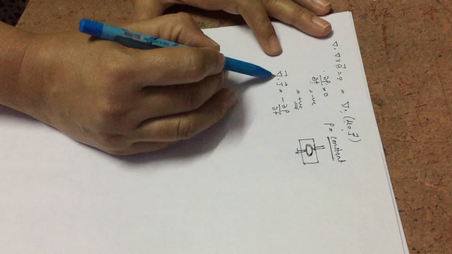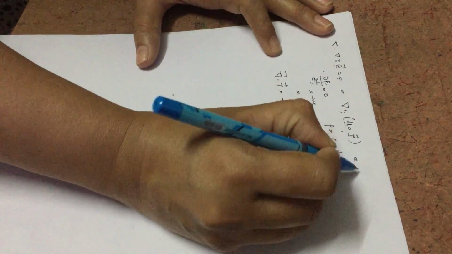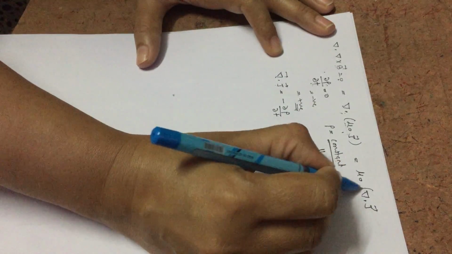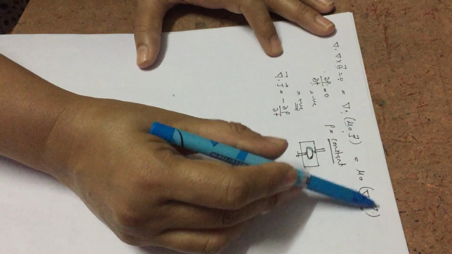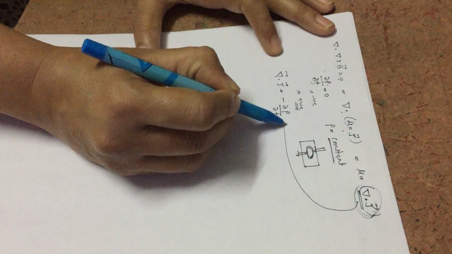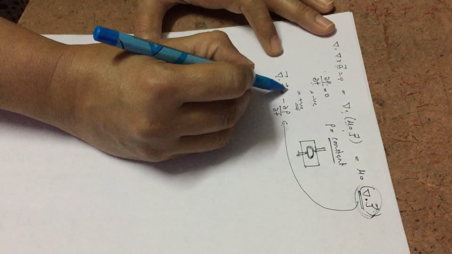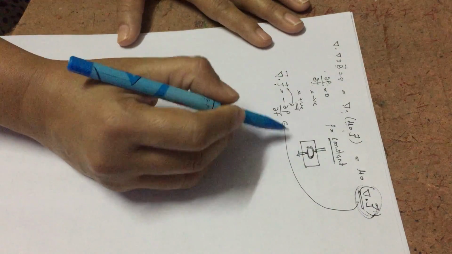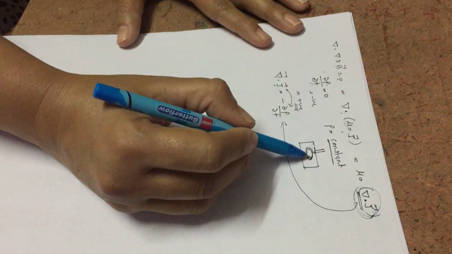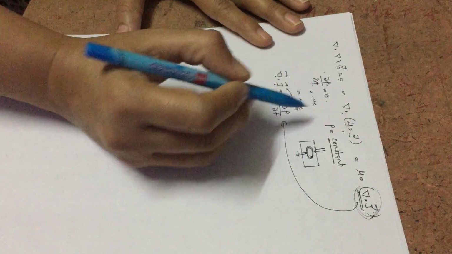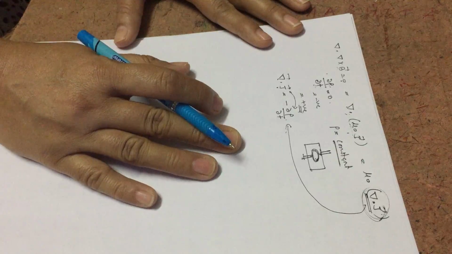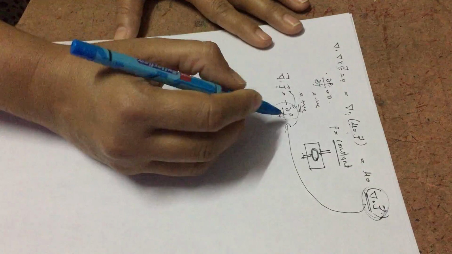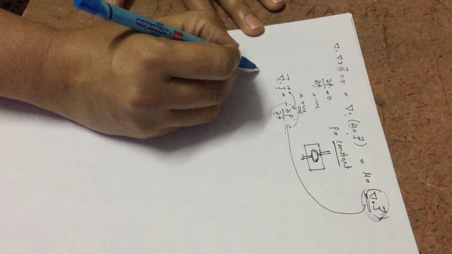If del dot J is equal to 0, as we know that mu naught is a constant and divergence is operating only upon the current density, it implies that the charge density is also 0. But this is not always possible, it does not always work like that. Let us consider the charge density is not equal to 0.